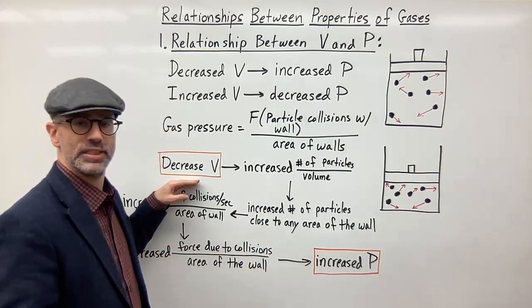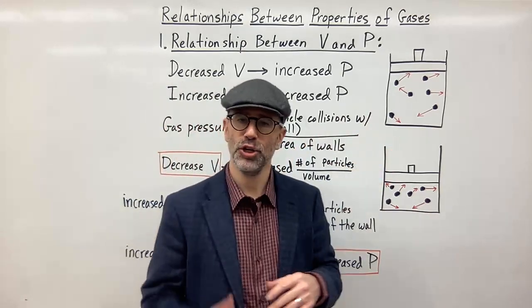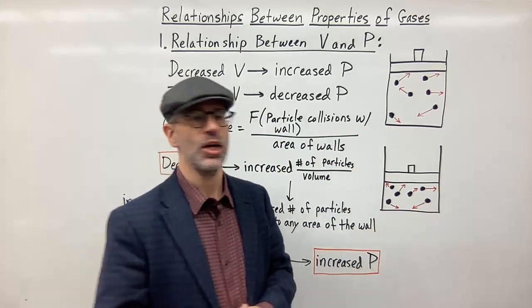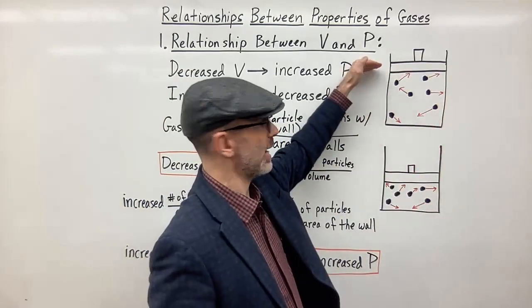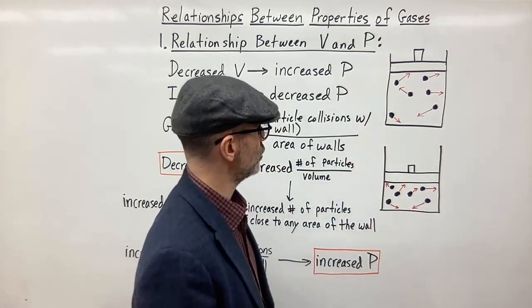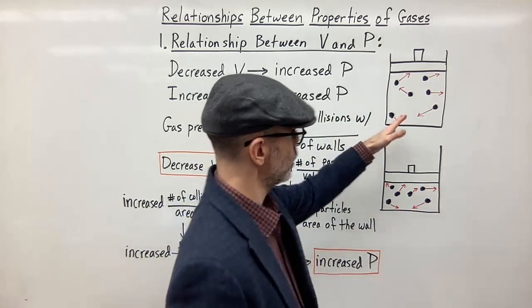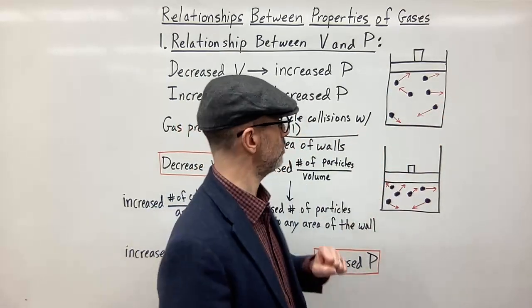So what happens when we decrease the volume? Here's a little model that I have, so you're going to have to imagine what happens. Here I have a container, and on the top I have a piston that's movable. I have a few particles, and they're moving in various directions in the container.